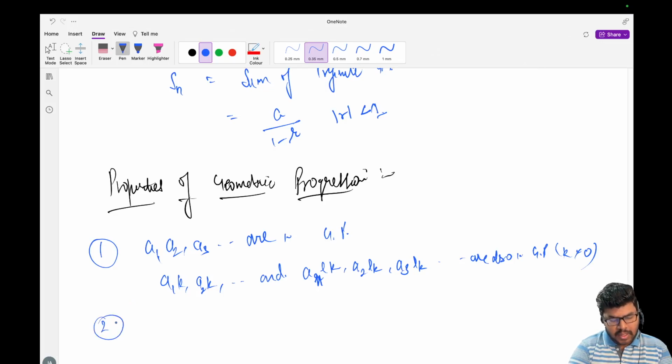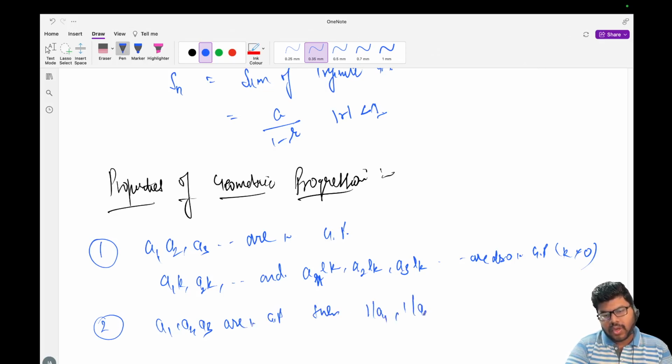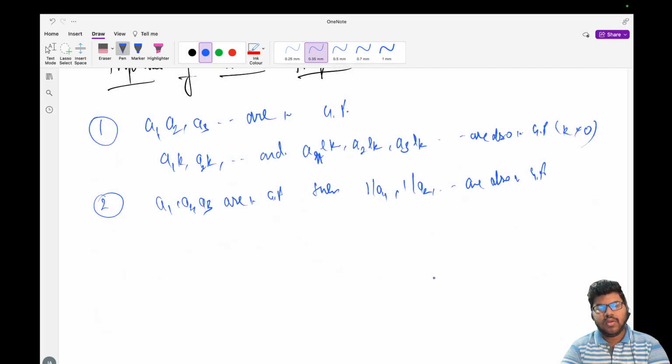Now second property: if a1, a2, a3 are in GP, then 1 upon a1, 1 upon a2, and so on are also in GP, right?